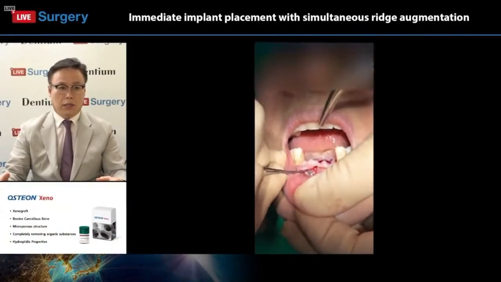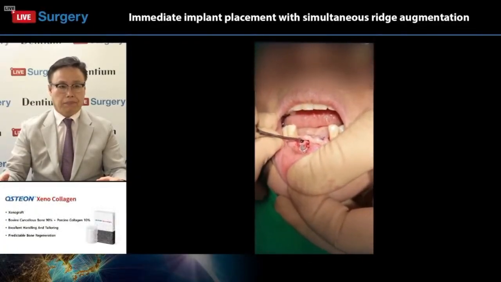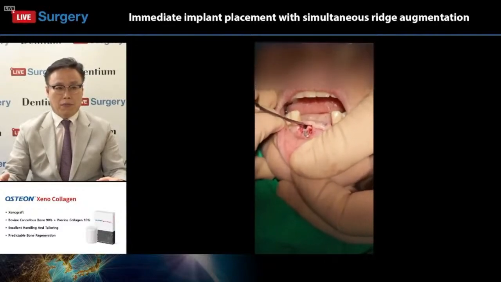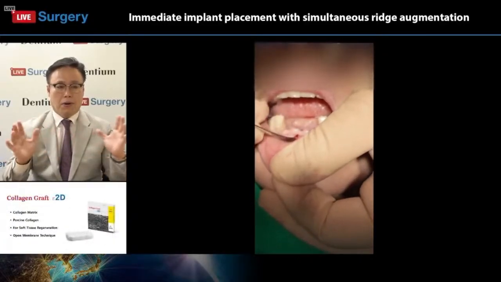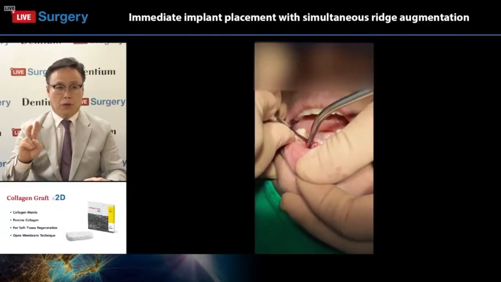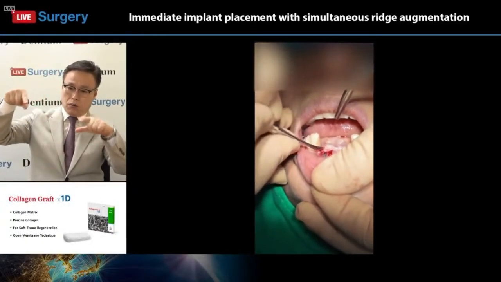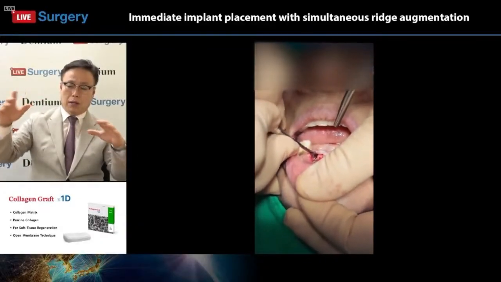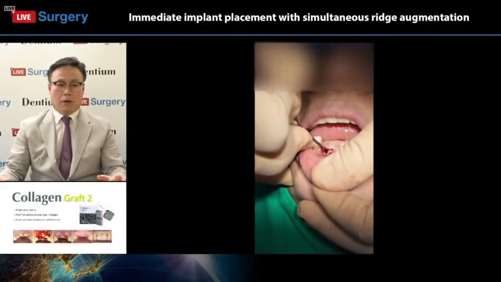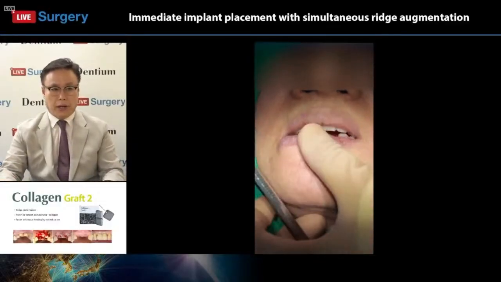In this case, I think the size is maybe 3 millimeters. The defect was small enough to cover with the bone graft held by the two tent poles like this. So placing the implant and two tent poles around it, applying the bone graft, and covering with the collagen matrix is the plan for today.